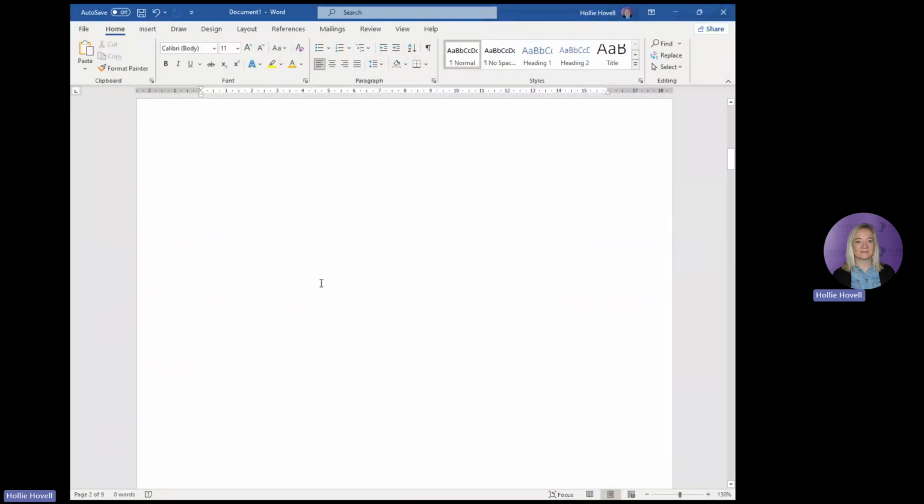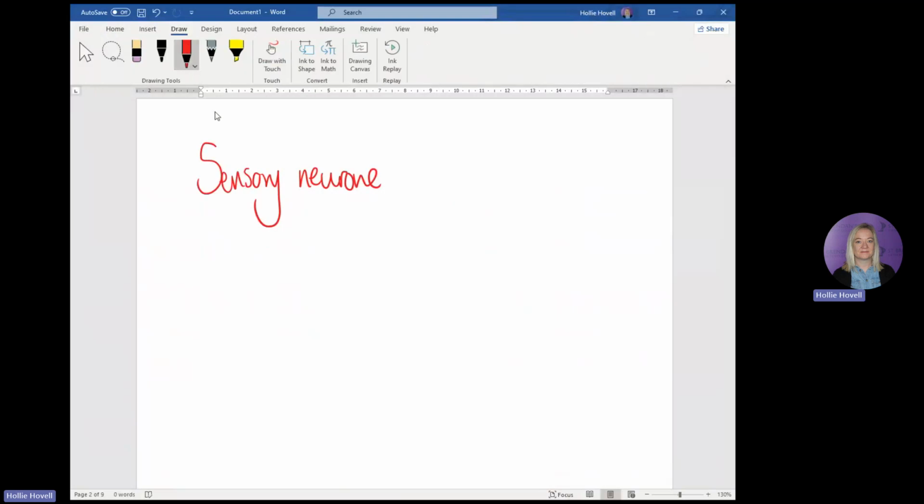Okay, now let's have a look at those neurons in detail. So the first neuron is called a sensory neuron. And the sensory neuron is really kind of obvious to identify, because the cell body, the bit where the nucleus is, is not at the end. So we go along, then we've got this little cell body bit, which is where the nucleus is, and then it continues on a bit.